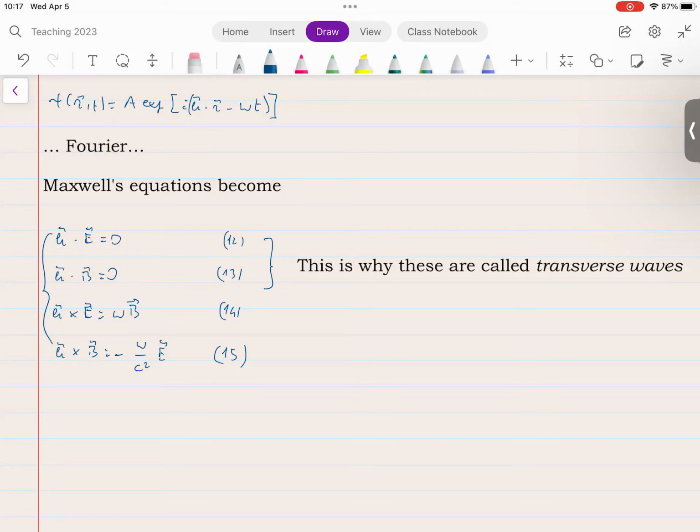Just be careful, of course, as always, with the order in which you take the cross products. I think that should be all that we should care about.